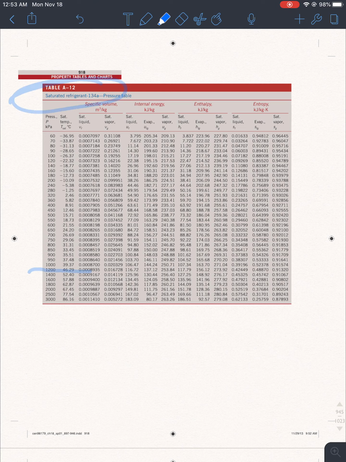So the temperature here is 41.3. Just round this up. All right. Simple. Given, given, given. So over here, this area goes over there.